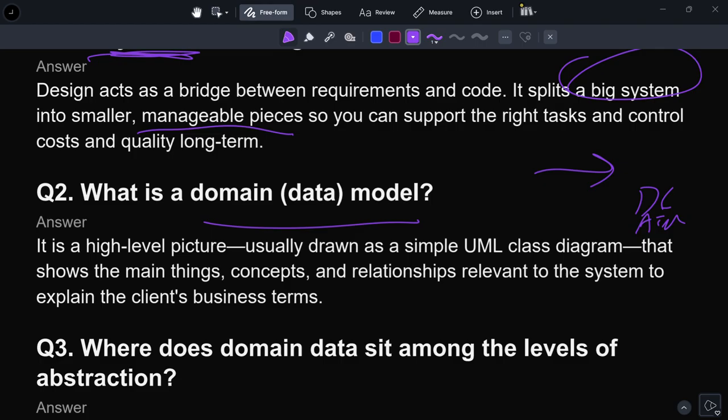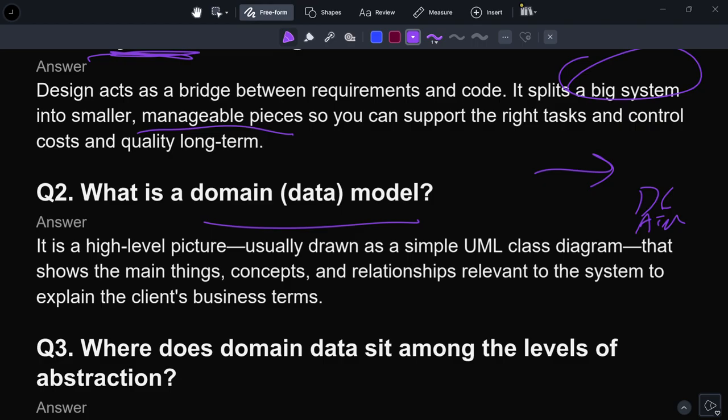The attributes are, for example, a bank account has an account number, has a balance, has a card number, and has a PIN. These are attributes. Classes are real world things.